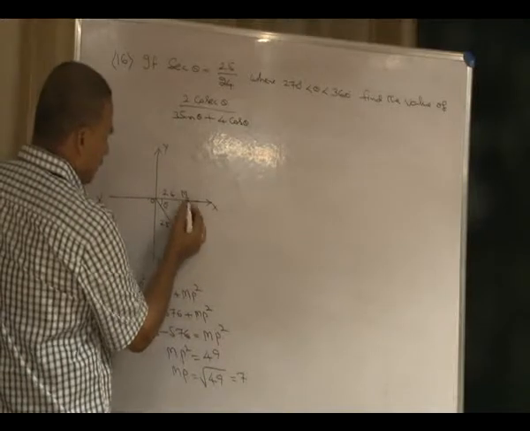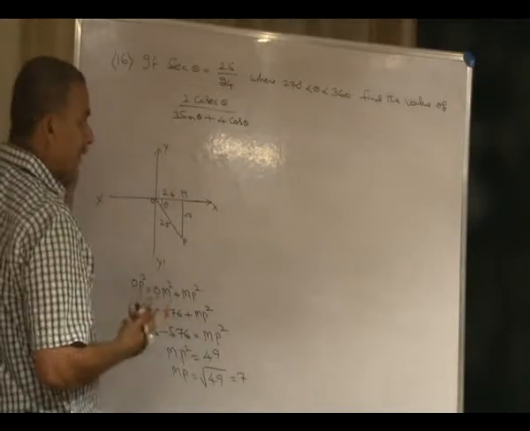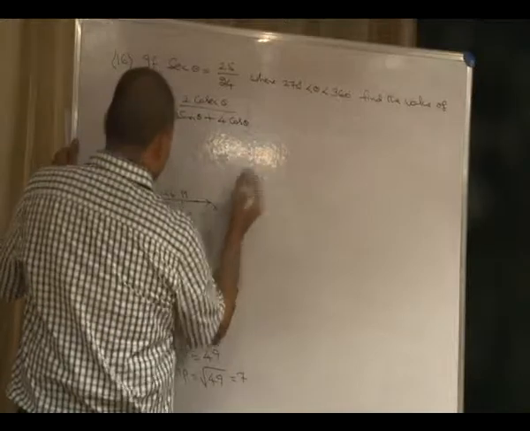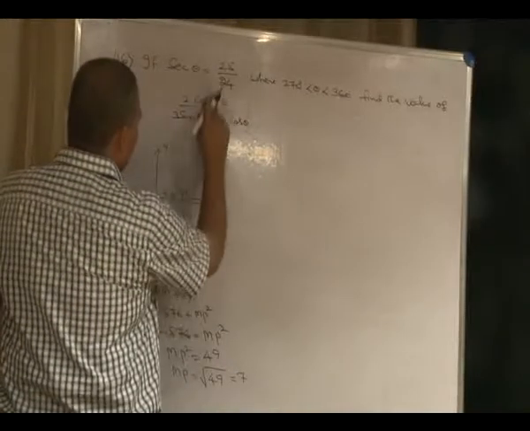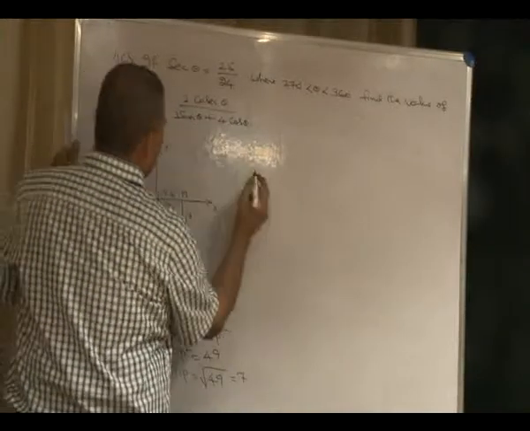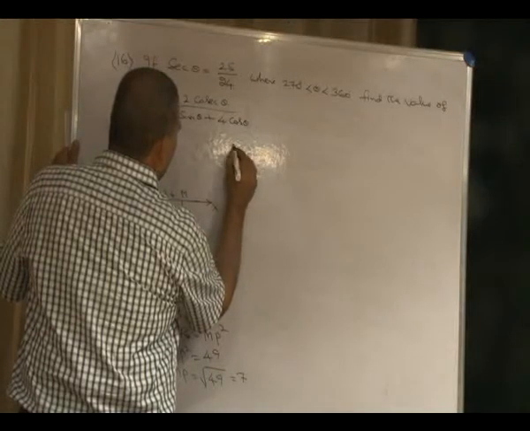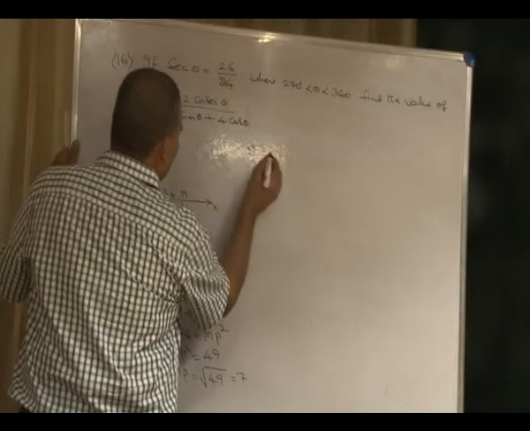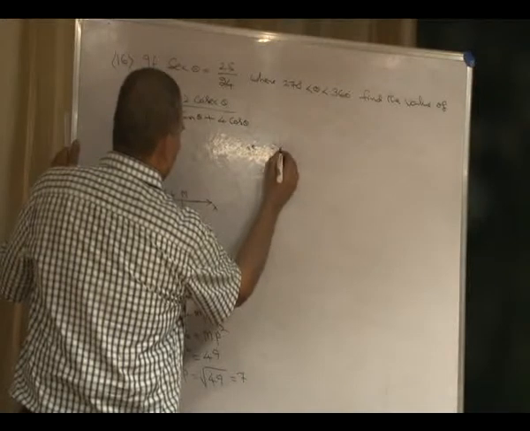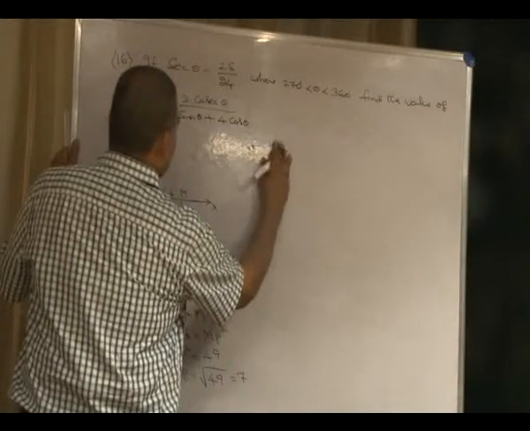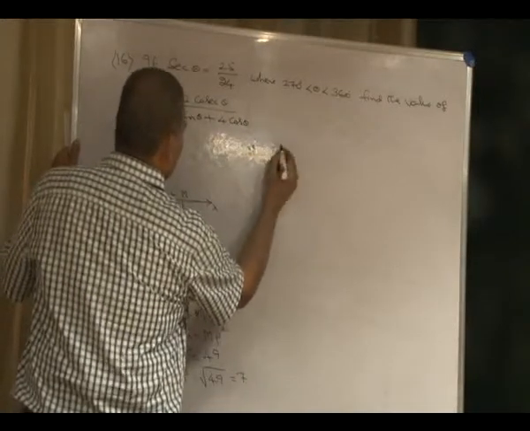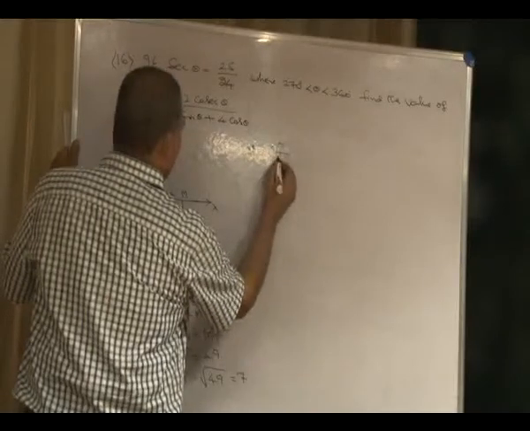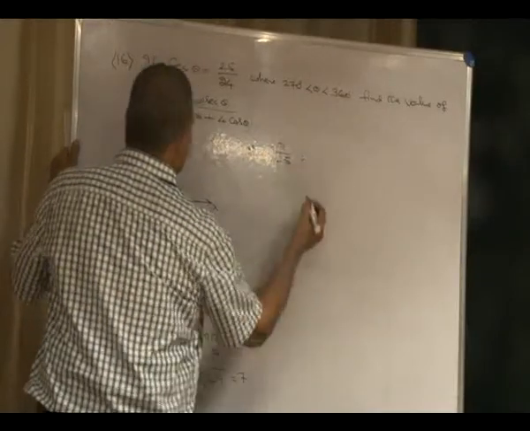So the MP value is minus 7 here. By using this triangle, write the values of cosecant theta, sin theta and cos theta. Sin theta equals opposite side minus 7 by hypotenuse 25.